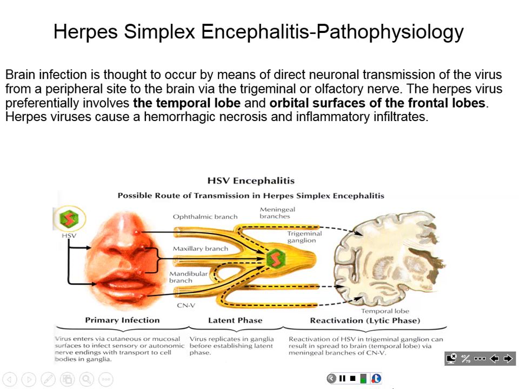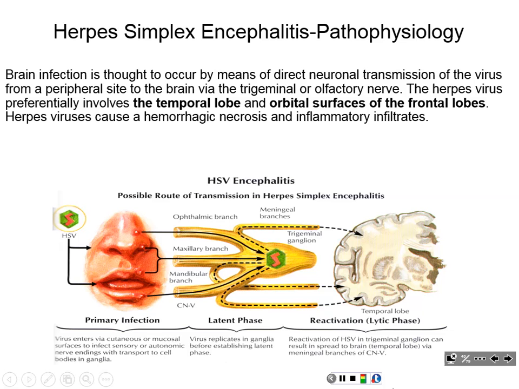The pathophysiology here, we're talking direct neural transmission, so peripheral nerves into the central nervous system, with a typical travel through trigeminal or olfactory nerves, and a preference for the temporal lobe. And this is going to cause us to see symptoms that are focal deficits of temporal lobe involvement.